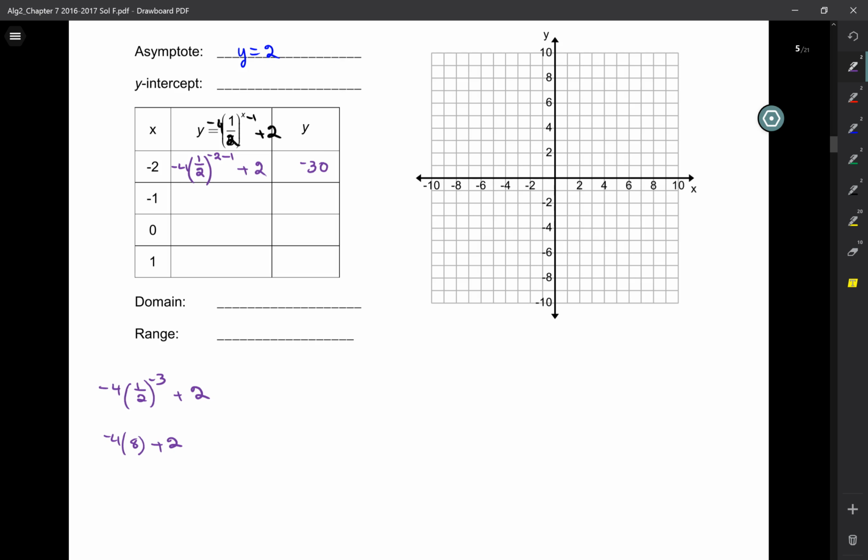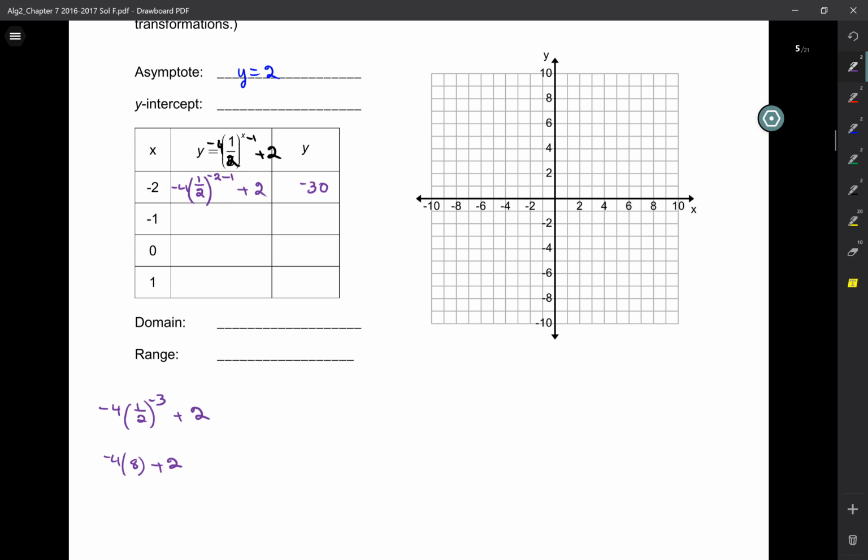If you want to use your calculator on these, it's fine. Okay. So -4 times 1/2, now we're plugging in -1. -1 minus 1 plus 2. So let's go on my scratch paper. -4 times 1/2 to the power of -2, plus 2. This is negative 4 times 2 squared plus 2. So how much will that be?